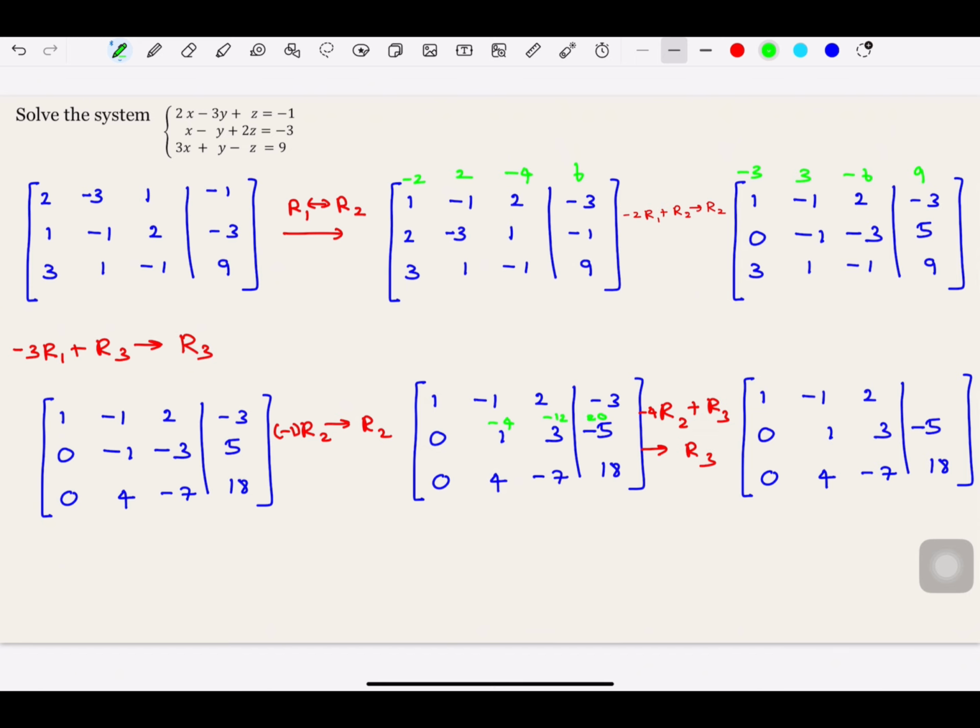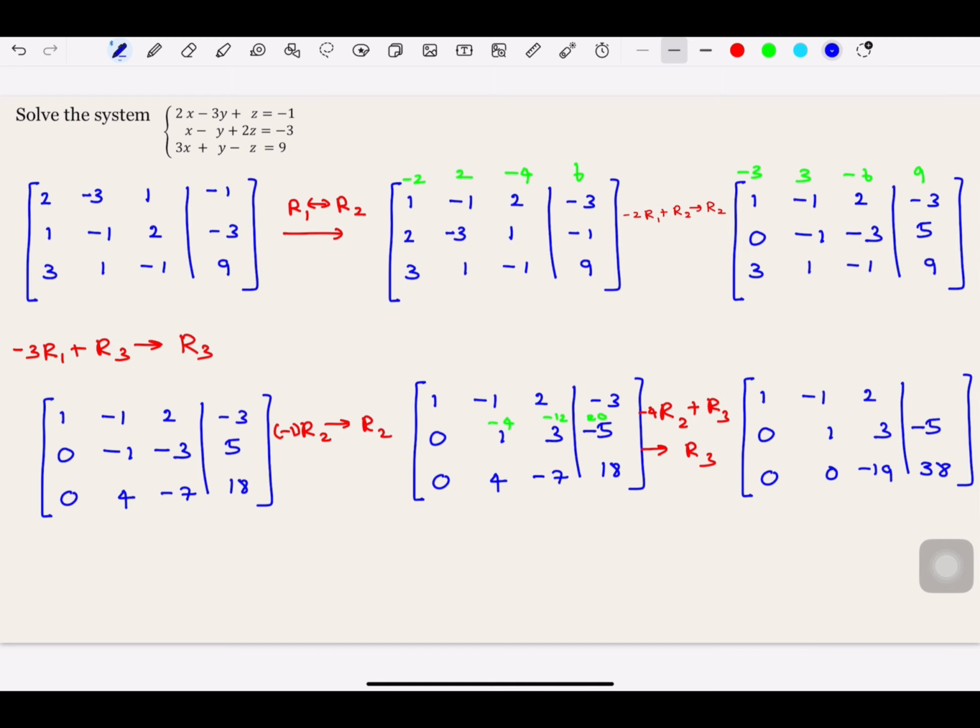So now you have to add these numbers. Here negative 4 plus 4, it's a 0. So this is 0, and then negative 12 plus negative 7, which is a negative 19, and then here it's going to be 38.